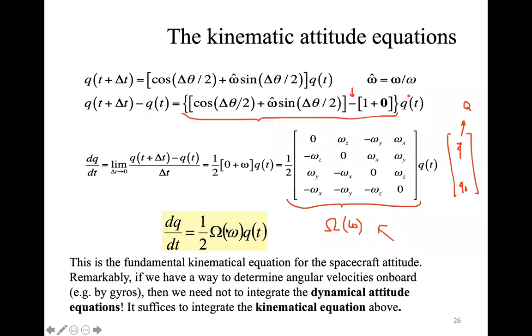If you know omega, how the angular velocity of the spacecraft is evolving during time, you are able to integrate this equation and know how the attitude of the spacecraft is evolving.